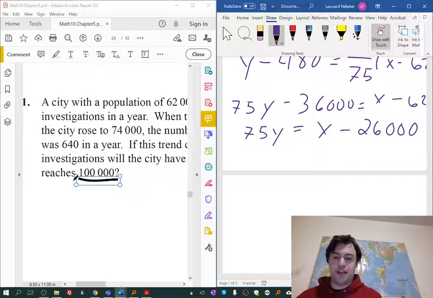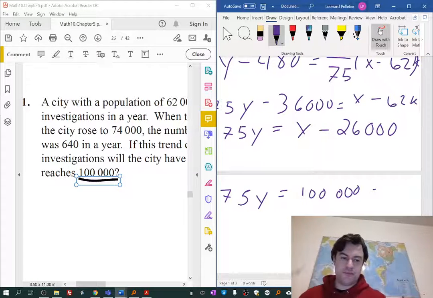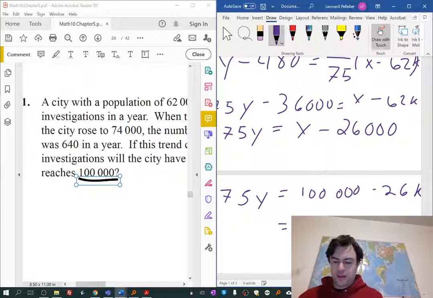I could plug in the population and then solve for it. That would be fine at this point. Population, remember, is going to be x. So that would work out okay. So I could just plug in 100,000 for x. So 75y equals 100,000 minus 26,000. We can't fit it in. That's okay.